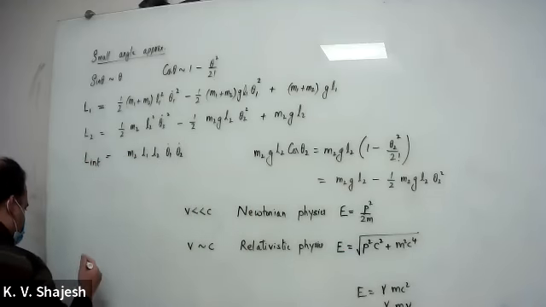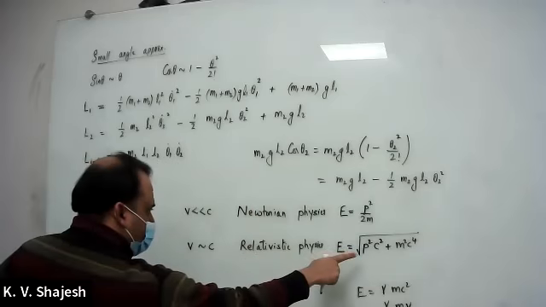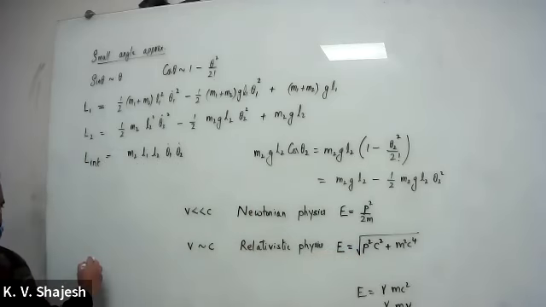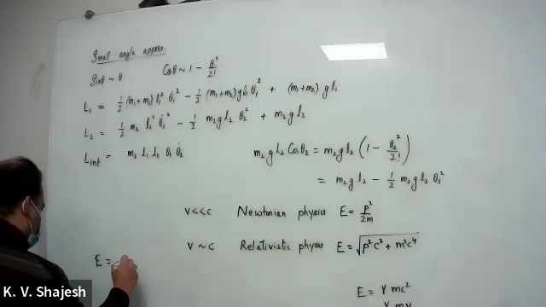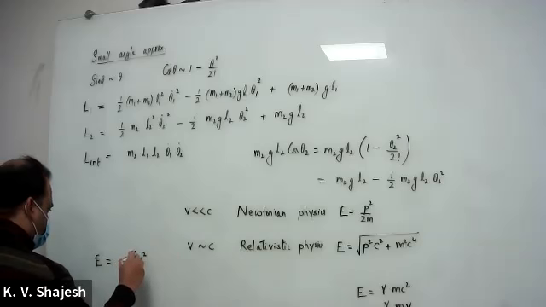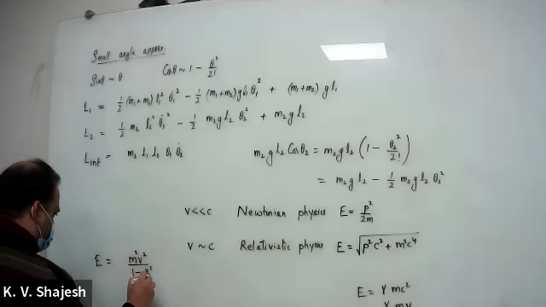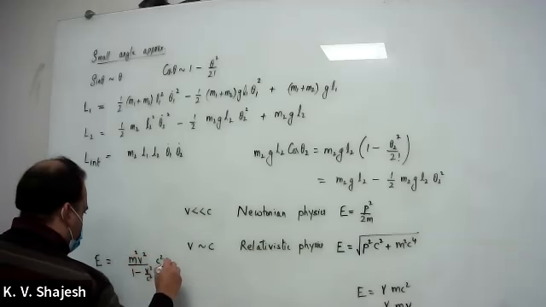So what you're saying probably is the following. This is not kinetic energy in the following sense. Let's say E squared is equal to p square c square plus m square c raised to 4. So it is m square v square over 1 minus v square over c square, times c square, plus m square c raised to 4.